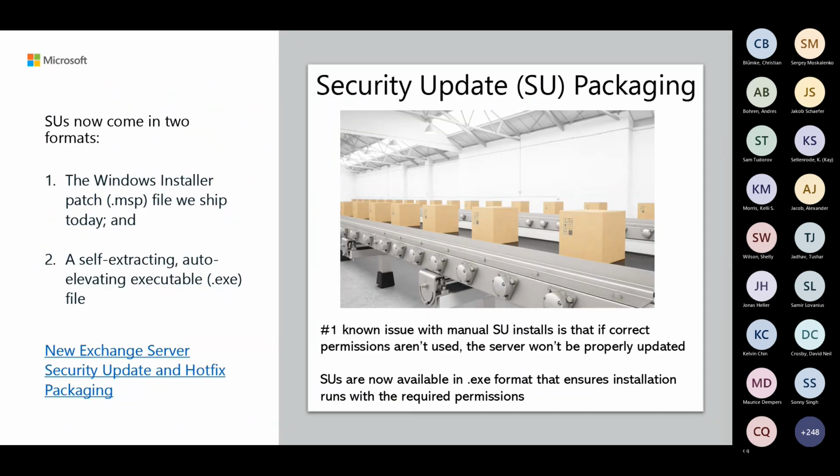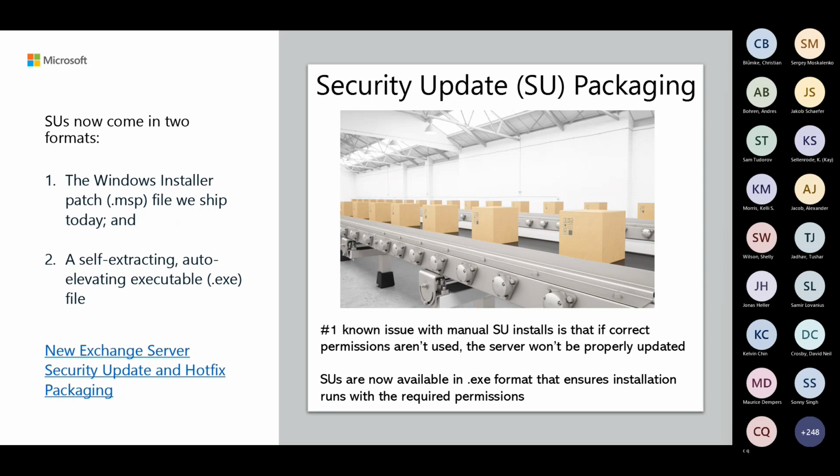Now, to help customers stay current on SUs, we improved that experience too. SUs are available from Microsoft Update, but many admins prefer to manually install them. And the number one known issue with manually installing SUs is that if the correct permissions aren't used, the server won't actually be updated and it can even end up in a bad state.